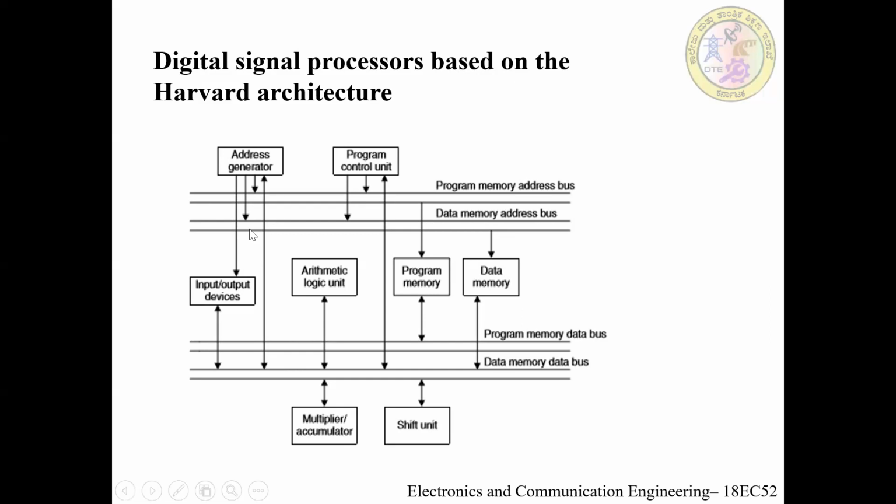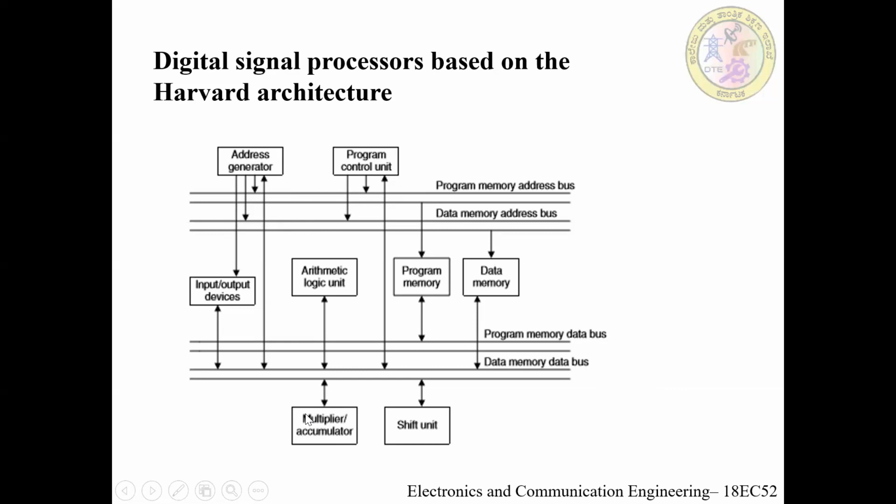This means this Harvard processor can fetch the program instruction and data in parallel at the same time. But if we consider the von Neumann architecture, the program memory bus and the data memory bus share a common bus. Here there is an additional unit you can observe, which is the multiplier and accumulator.